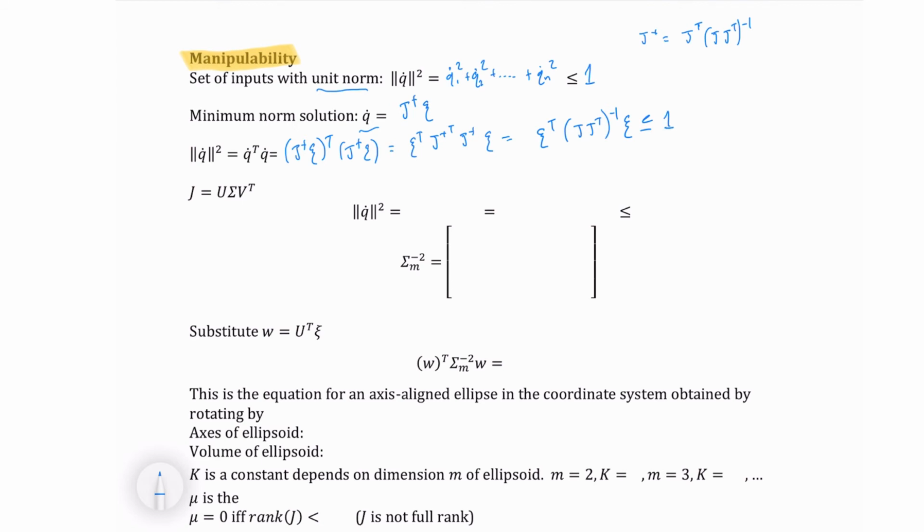That's our solution. And so then my q dot squared, again, this is my psi transpose times J transpose inverse times psi.